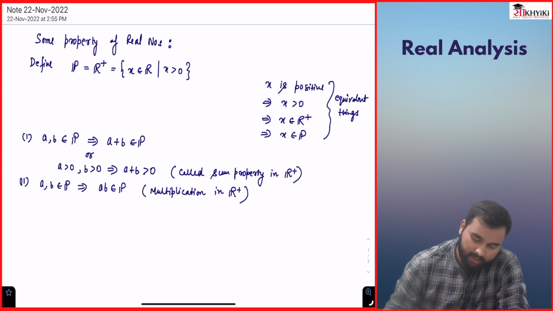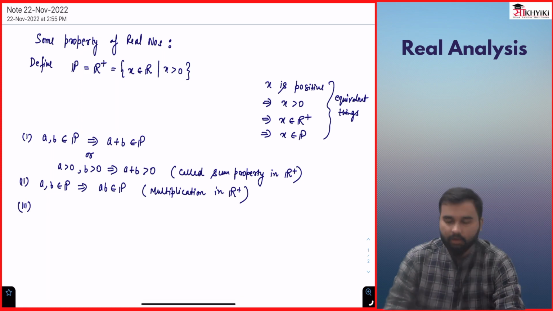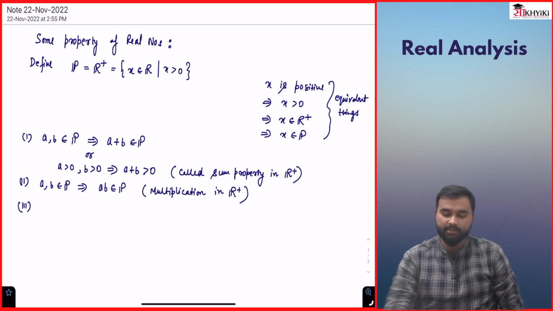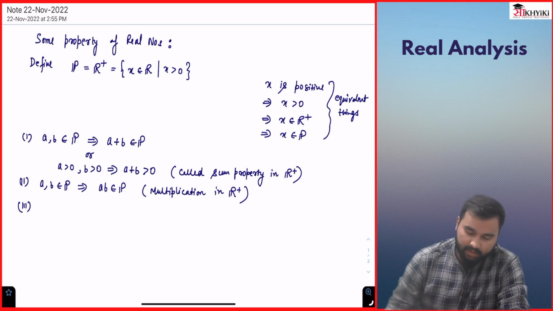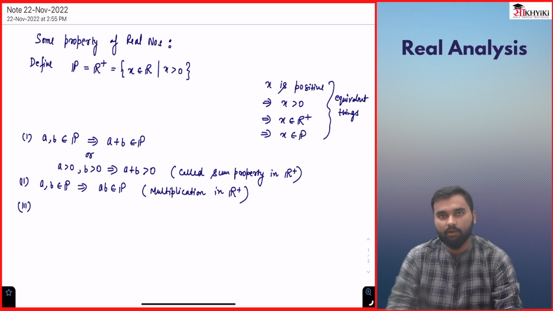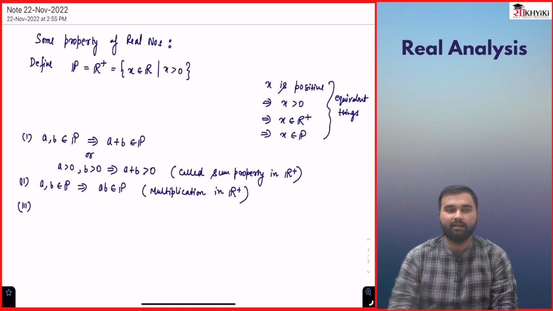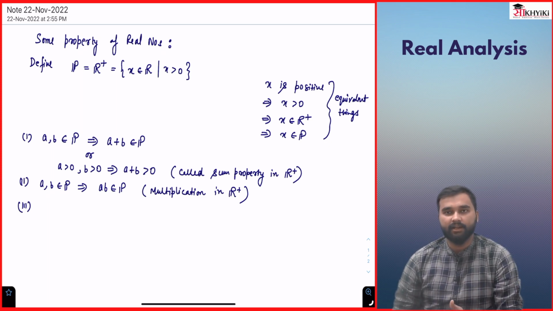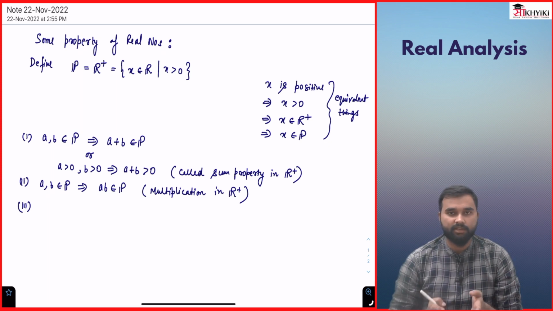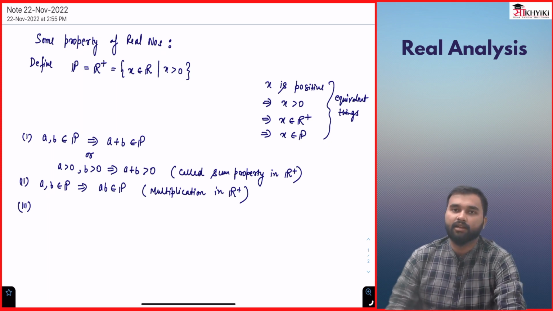Okay, then the third property, which is very important, says: if you have a real number, what options does it have? Either it can be positive, or it can be negative, or it can be 0, because 0 is neither a positive nor a negative real number.